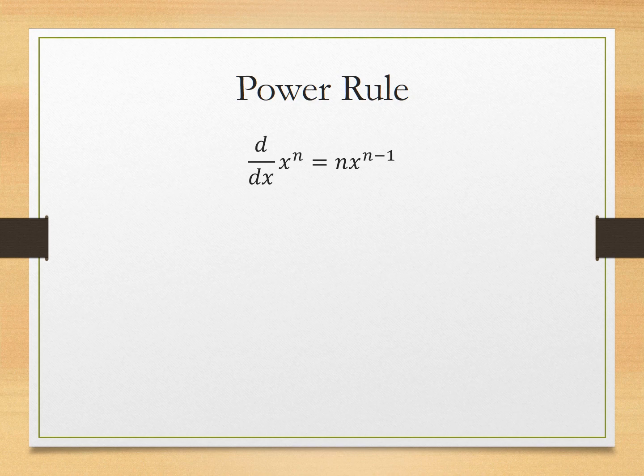Let's think about the simplest case, right? The simplest case would be a polynomial with the power being 1. If the power is 1, then it's quite easy to see that what you have is an upward sloping straight line.